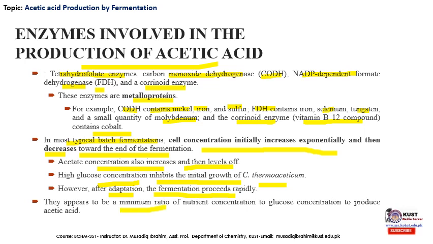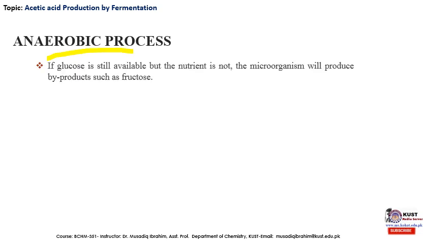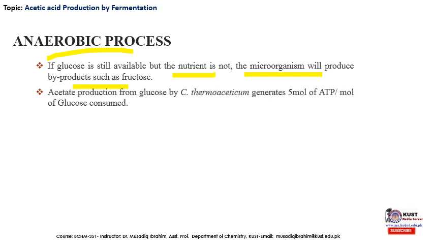Now, there appears to be a minimum ratio of nutrient concentration to glucose concentration to produce acetic acid. In the anaerobic process, if glucose is still available but the nutrients are not, the microorganism will produce byproducts such as fructose. Acetate production from glucose by Clostridium thermoaceticum generates 5 moles of ATP per mole of glucose consumed.